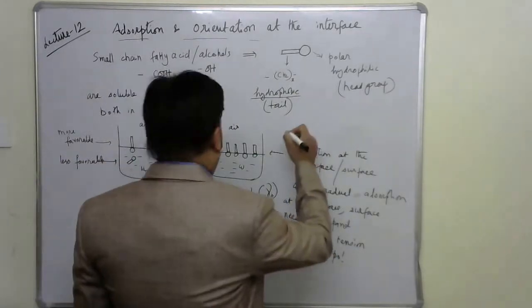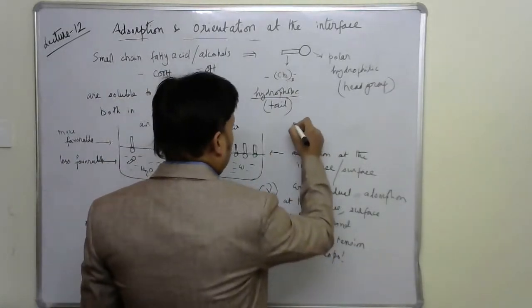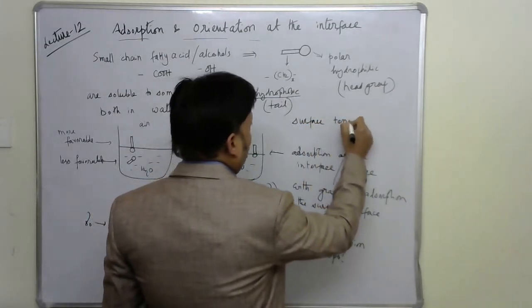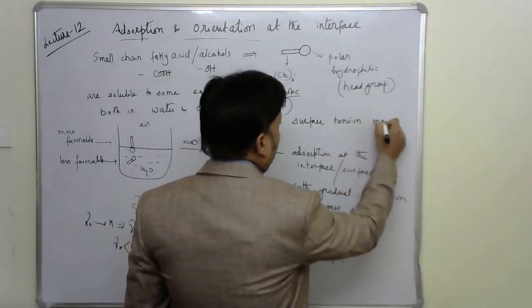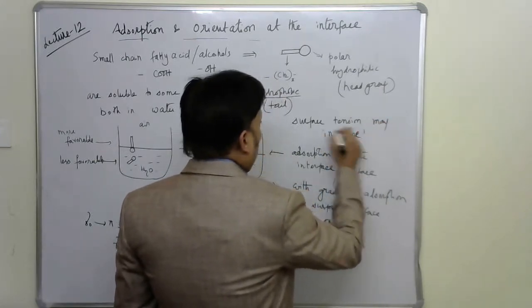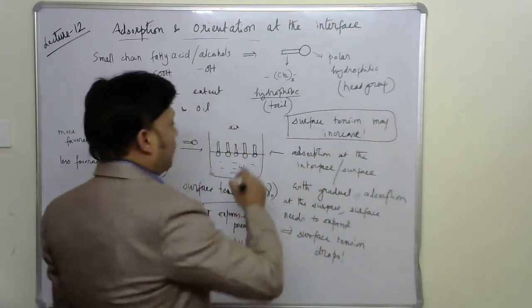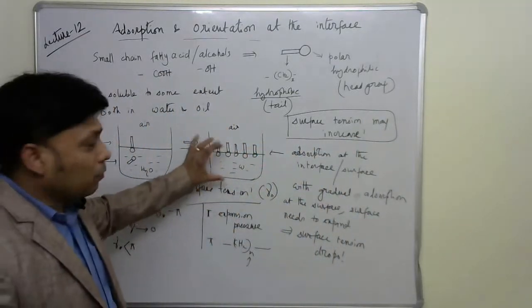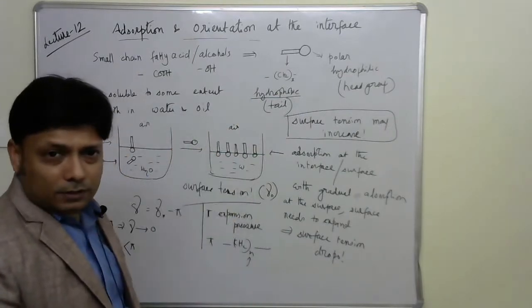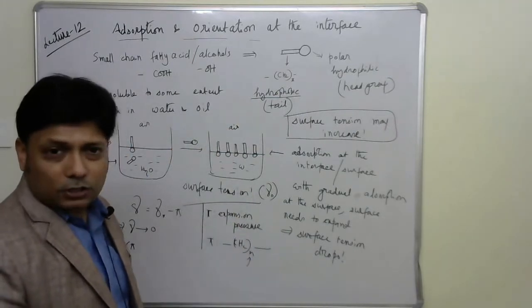So we can write here: surface tension may increase. In what case may it increase? Definitely it doesn't increase in the situation where the molecule gets adsorbed at the surface, because the surface has to expand and surface tension has to drop.